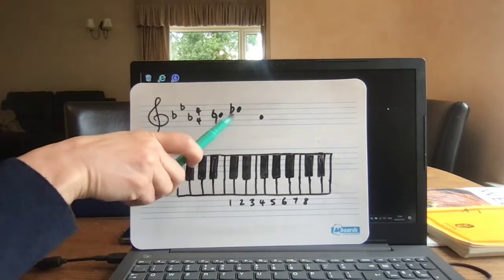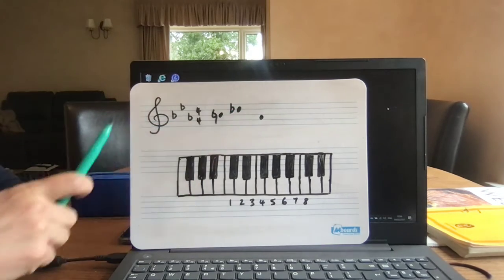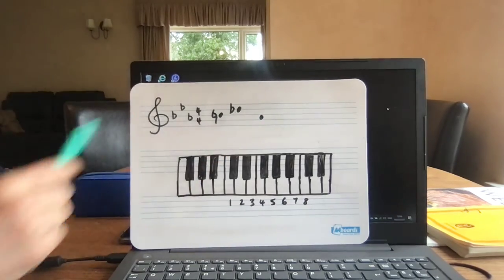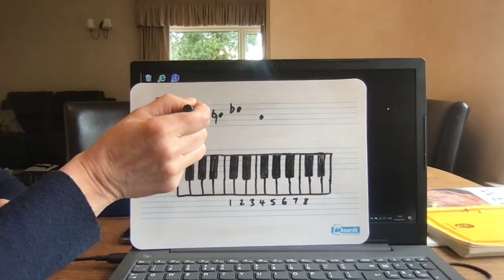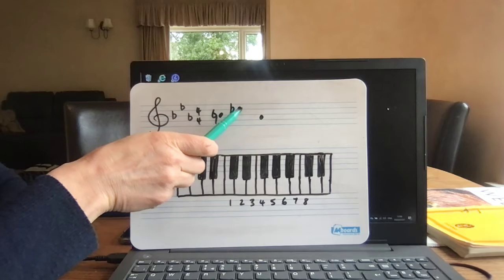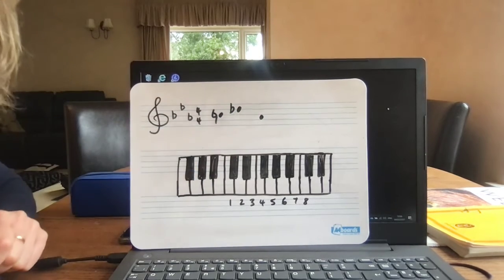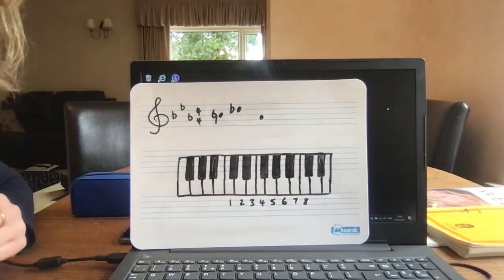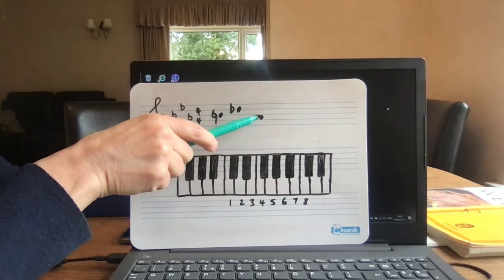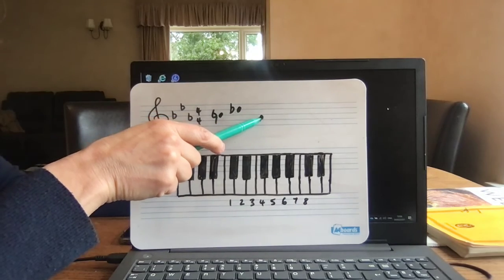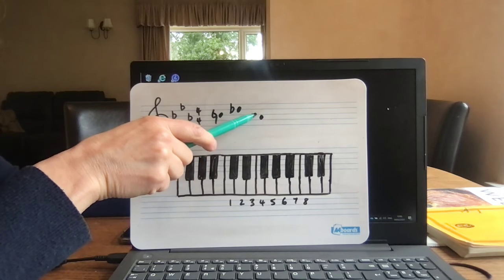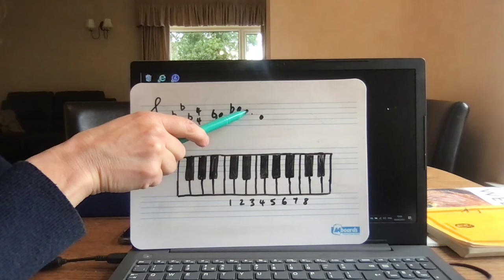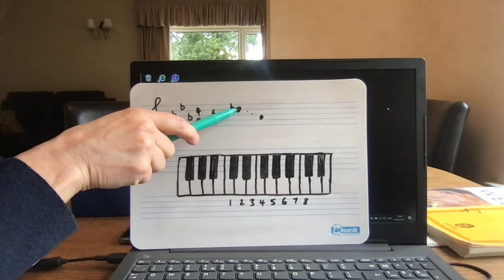Let's find out the distance between D flat and A flat, right? That's a flat because of this, don't forget that. So D flat to A flat, first thing you have to do is decide the size of the interval by counting the stave notes. So you count up the stave, 1, start on the note, 1, 2, line, 2, 3, space, 4, line.